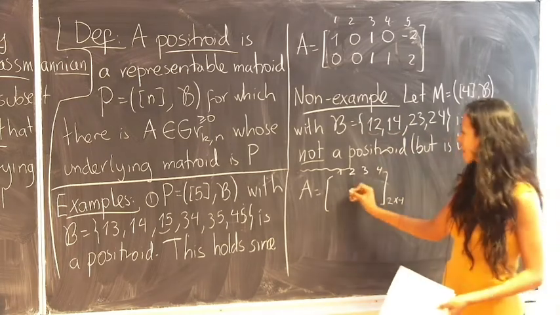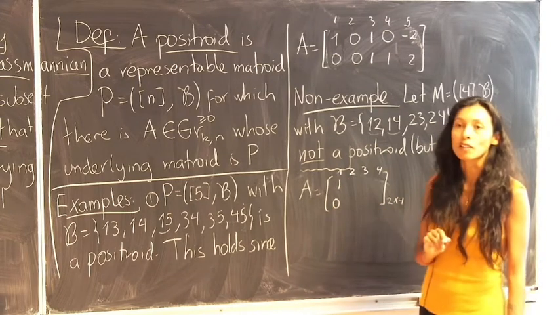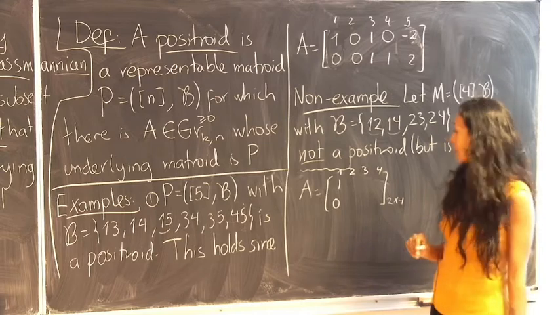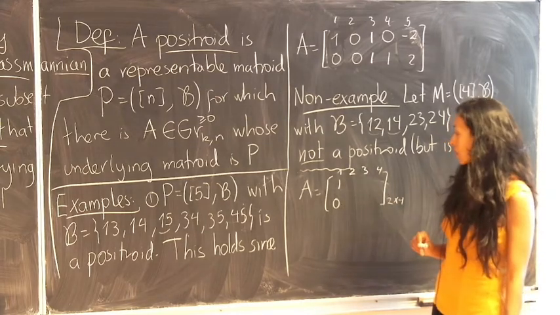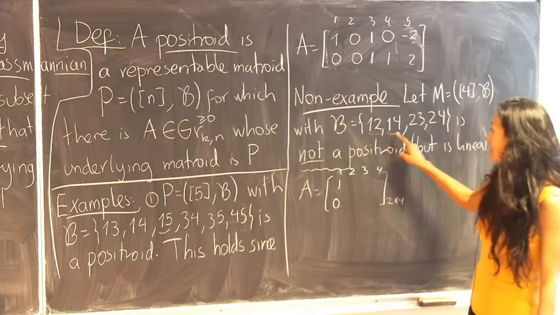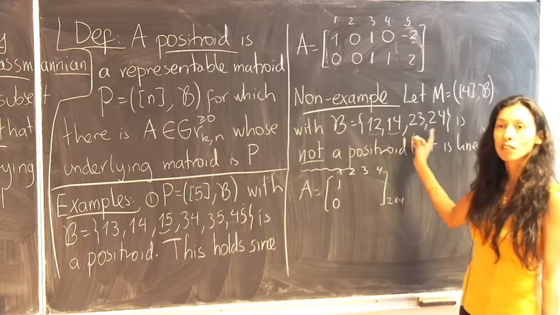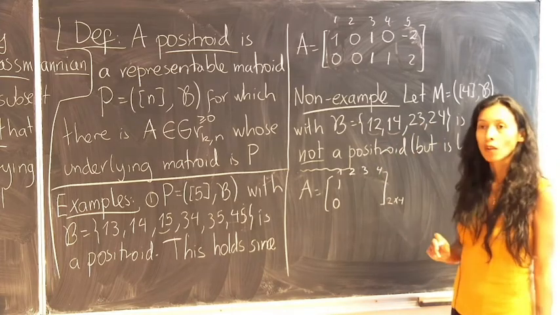It means that I can assume column 1 is (1, 0). It cannot be the origin; it has to be something independent. And since {1,3} does not appear in my collection of bases, what does it tell me about column 3? What shape does it have?